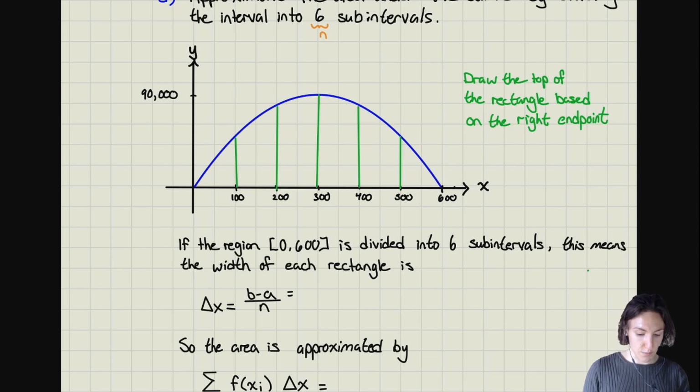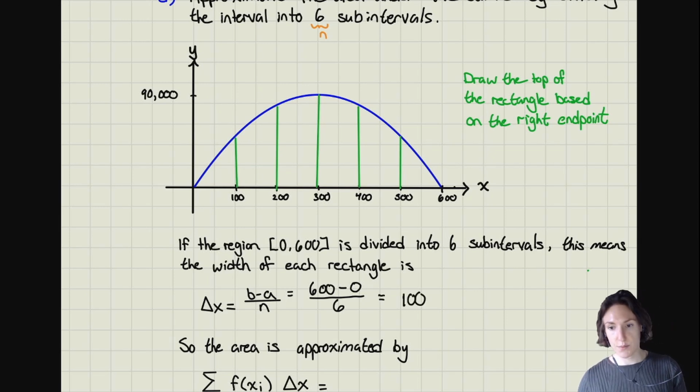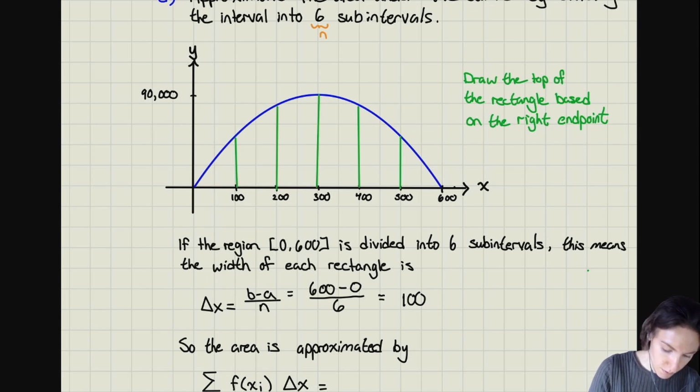In other words, my initial point is 0, my final point is 600, and I want to split it into 6 subintervals, which justifies that the width, delta x, is going to be 100. Because I've decided to put a point on the right side of each rectangle, the tops are going to be here, here, here, here, and then here.